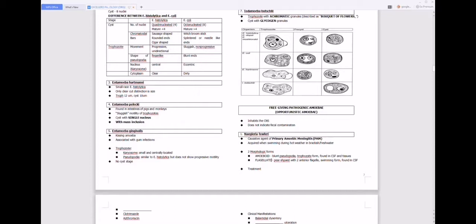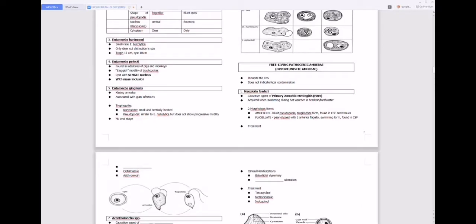Meanwhile, the amoeboid form is the invasive form kasi diba it can be found in the tissues. So pseudopodia, amoeboid form, and flagella, flagellate with two anterior flagella. So, di ba, both amoeba and flagellate siya.